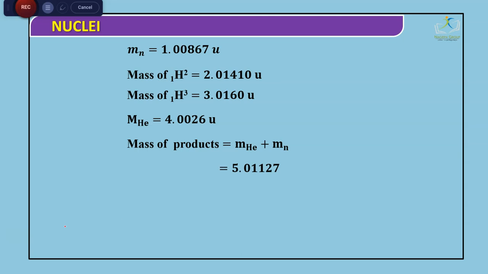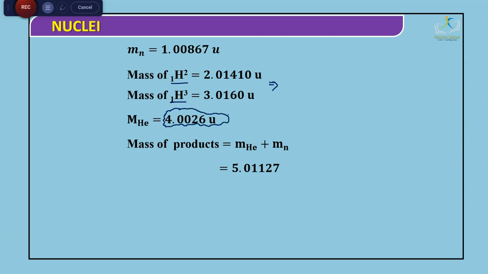Students, what we are doing is taking the masses of both sides: the mass of 1H2 and the mass of 1H3 give the total mass. If we add them together, we get values that have a little difference from the product masses.